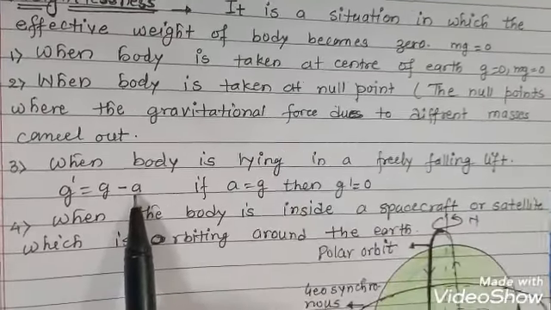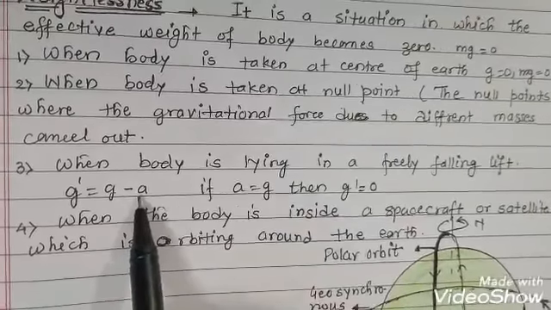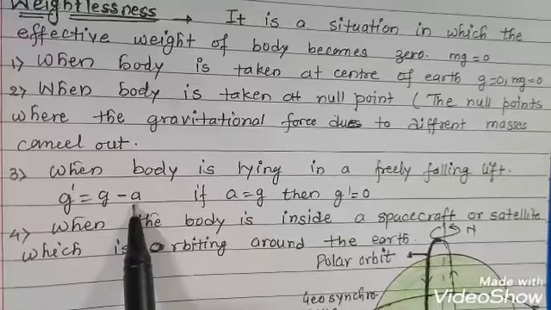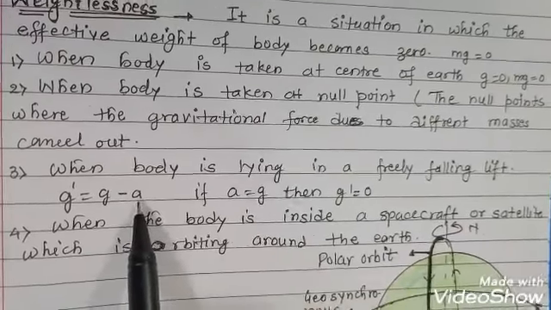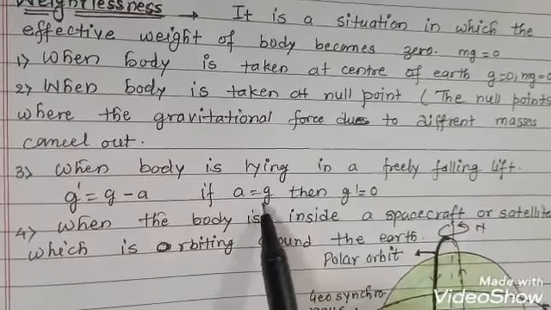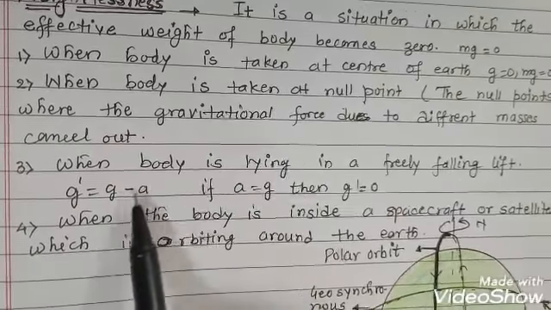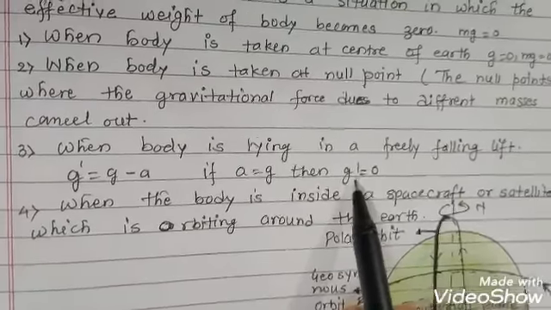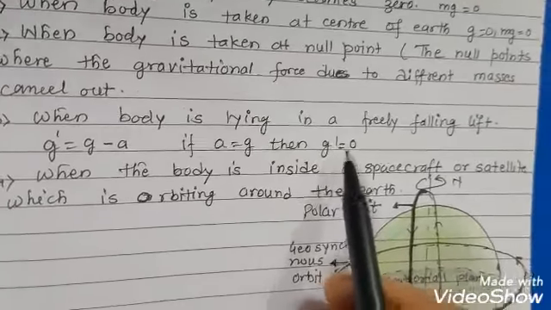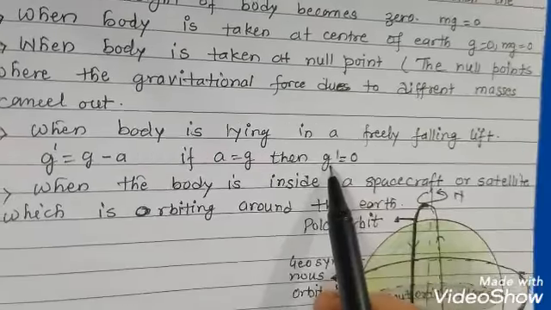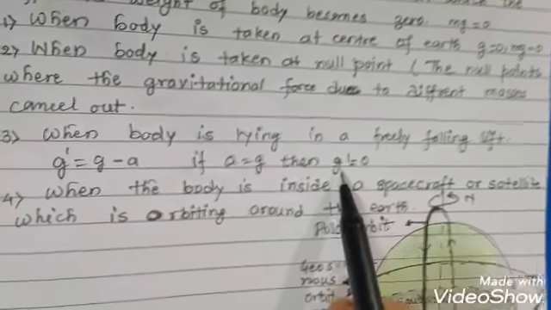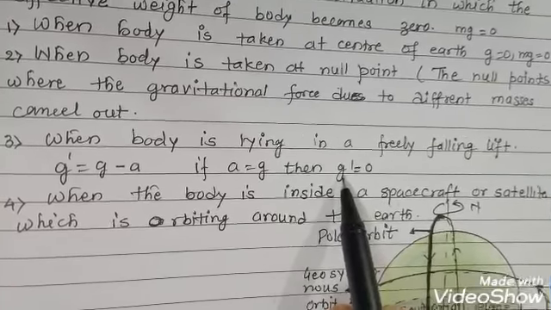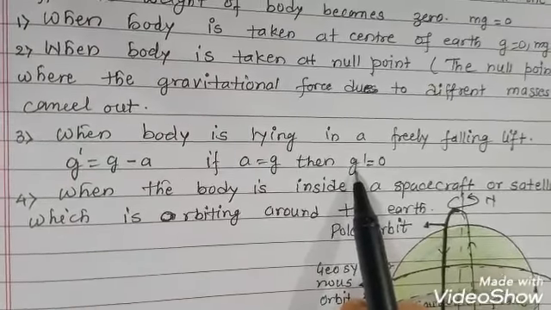Here the lift is in free fall, so the acceleration of the lift is also g, so a becomes g, and g minus g comes 0. So g dash, the apparent acceleration due to gravity, is equal to 0, and because of that mg dash would also be 0. So the weighing machine will not measure any weight, that means the person will feel weightlessness.